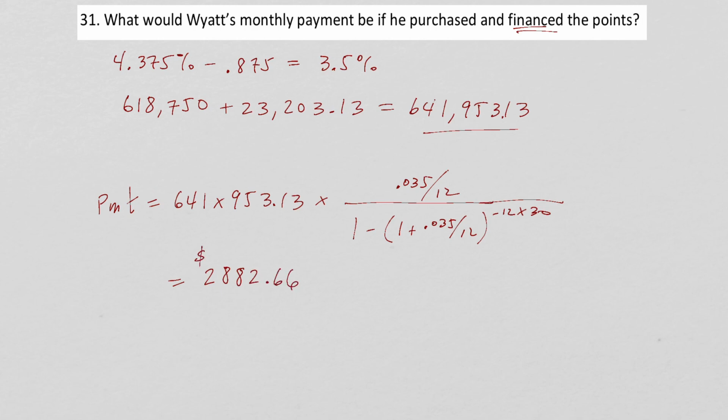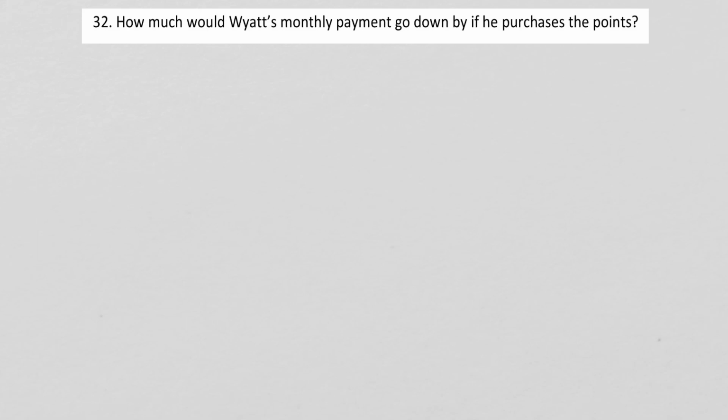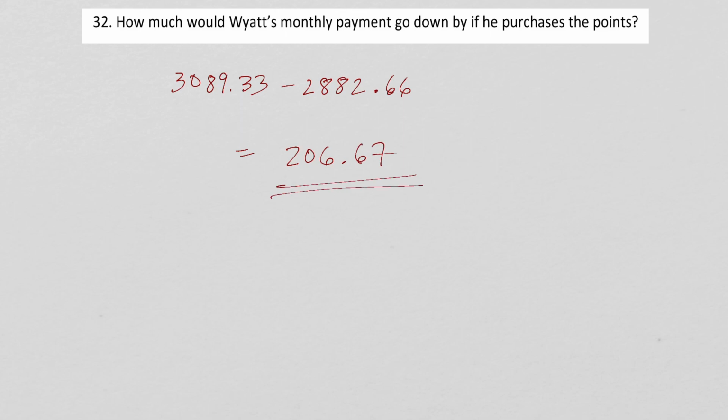So our new loan comes down to that amount, our new payment. All right, how much would it go down by? Well, our original payment was $3,089.33. We're going to take away our new payment, which was $2882.66. So we're going to save $206.67 every single month if we purchase the points.